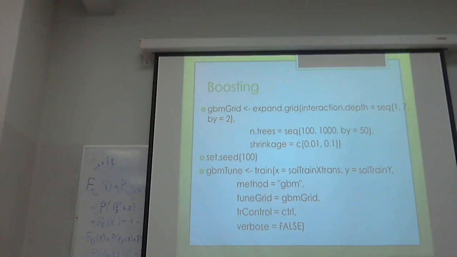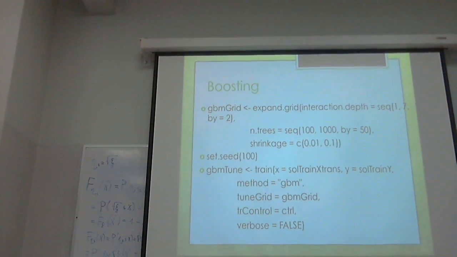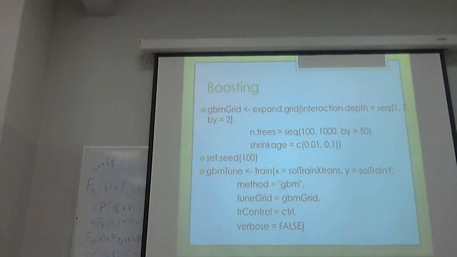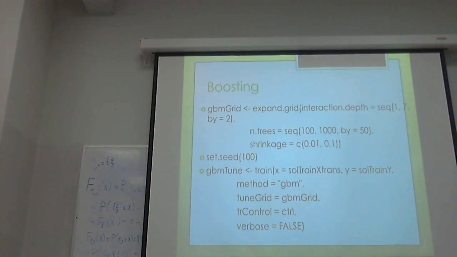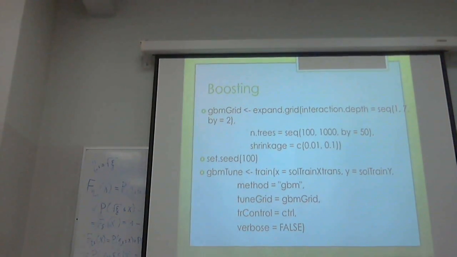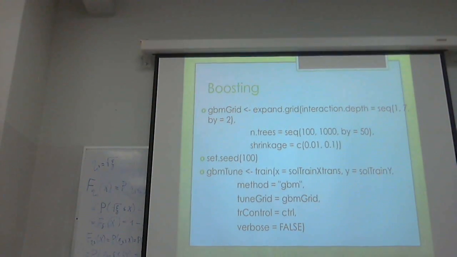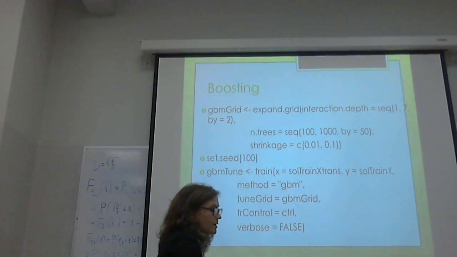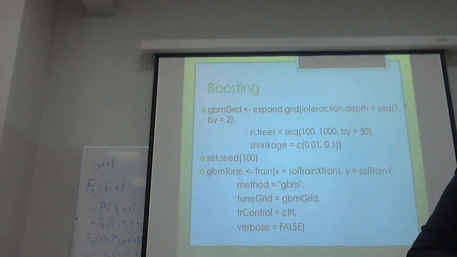R squared 90%, RMSE almost 0.60. Try interaction depth 7, number of trees 100, and shrinkage 0.1, and see if we get the same excellent results, almost as SVM.